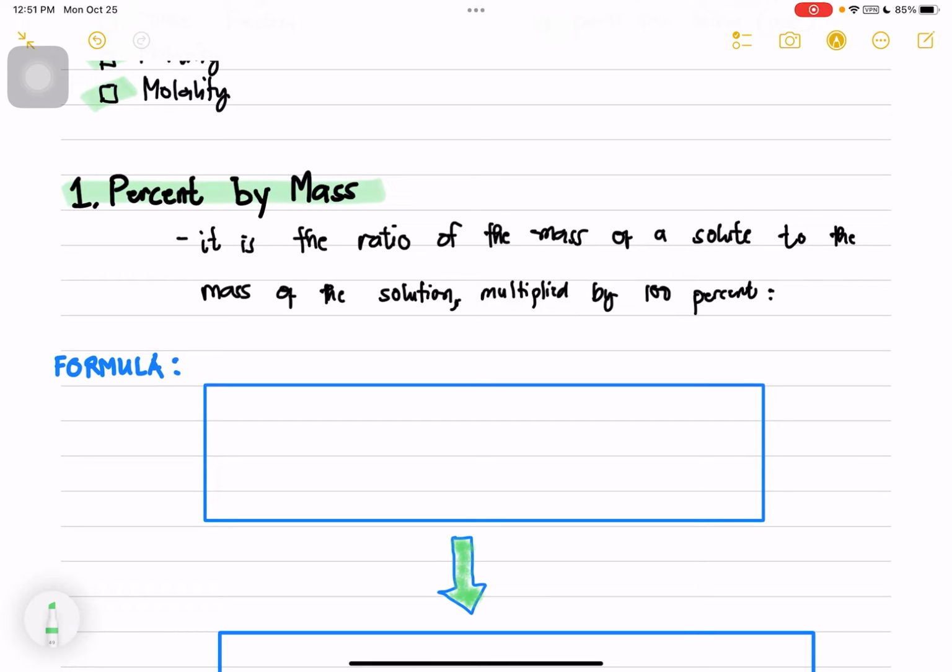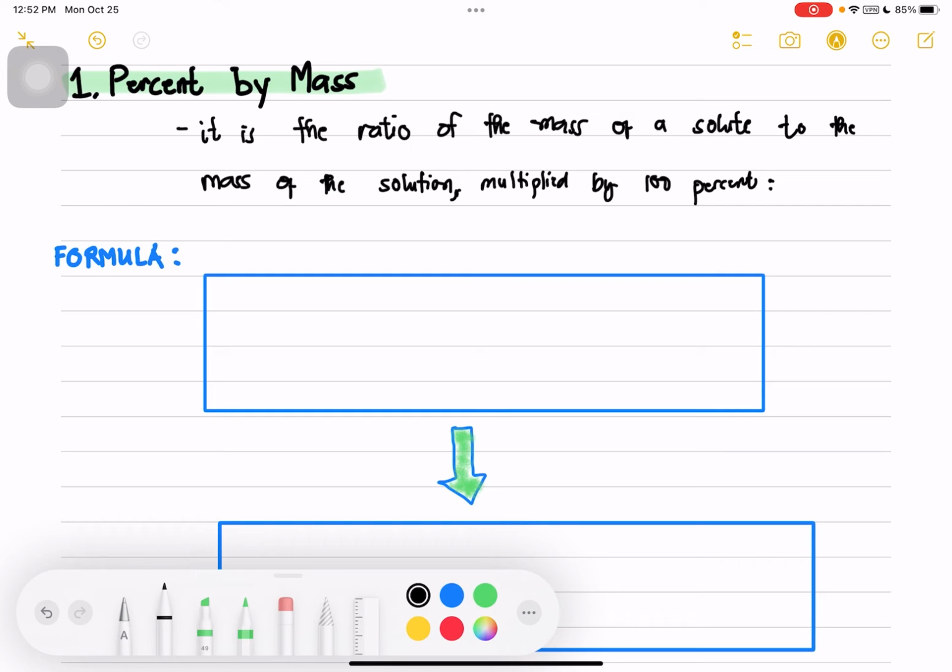So what is percent by mass? It is the ratio of the mass of the solute to the mass of the solution multiplied by 100%. Now, let's express this in mathematical expression.